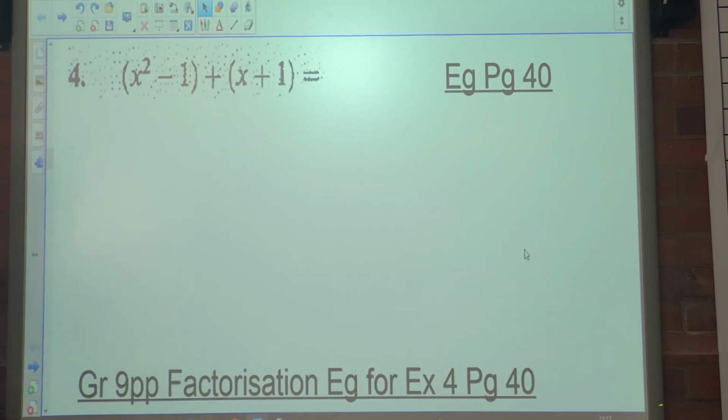It's a nice one. We have x squared minus 1 in brackets plus the second bracket, x plus 1. What do we notice here? What can be done in the first bracket? So take the difference of two squares there quickly.